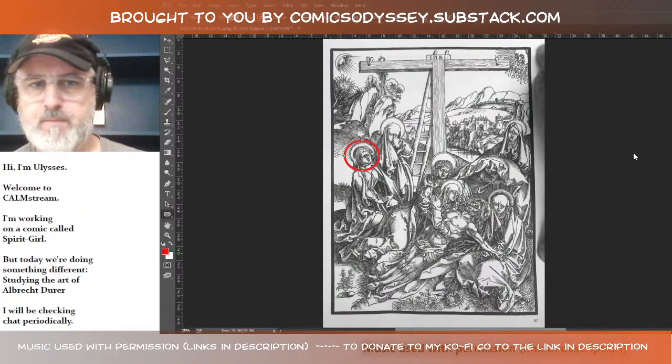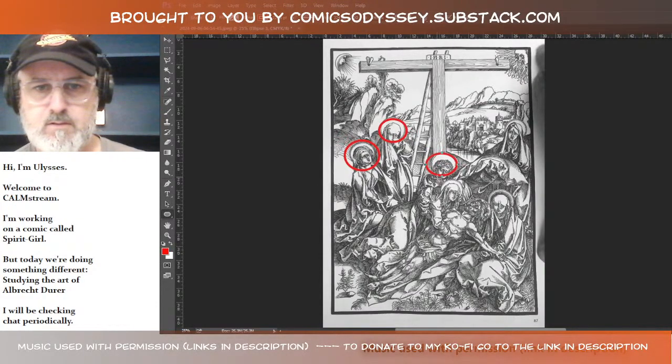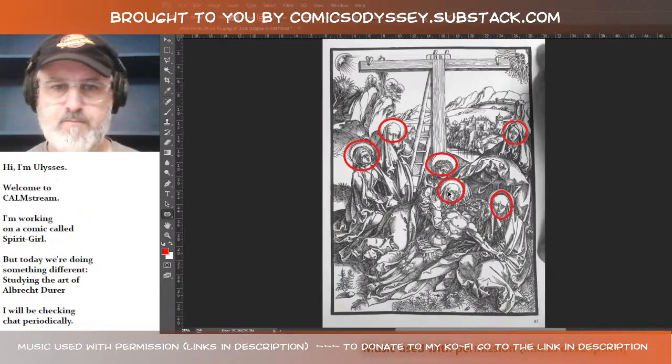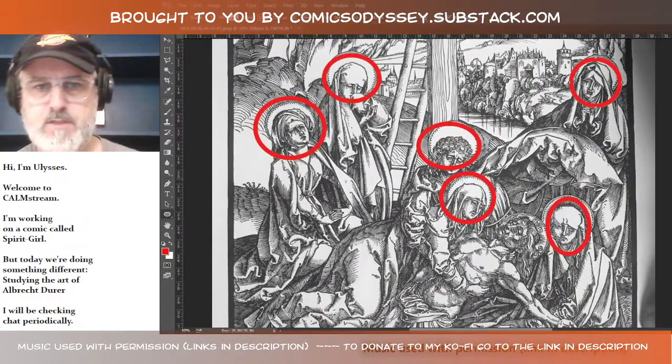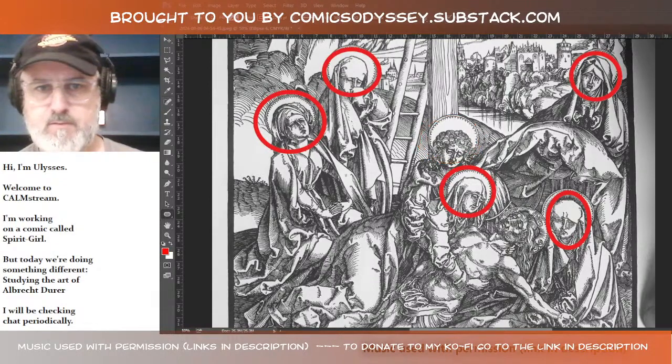To me, all these faces have a special interest. If we zoom in, this one I want to redo.